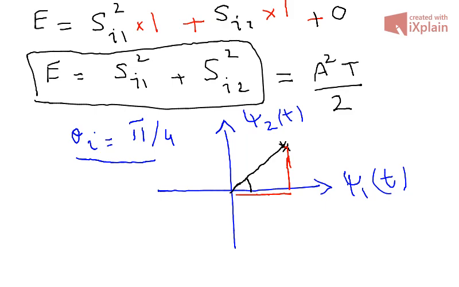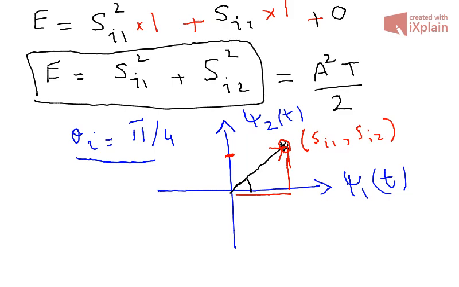Because the angle is pi by 4, for this signal point these two images, the image over the x-axis and the image over the y-axis, are equal. Because here we have these coordinates ψ1 and ψ2, right? These are the coordinates of our signal.